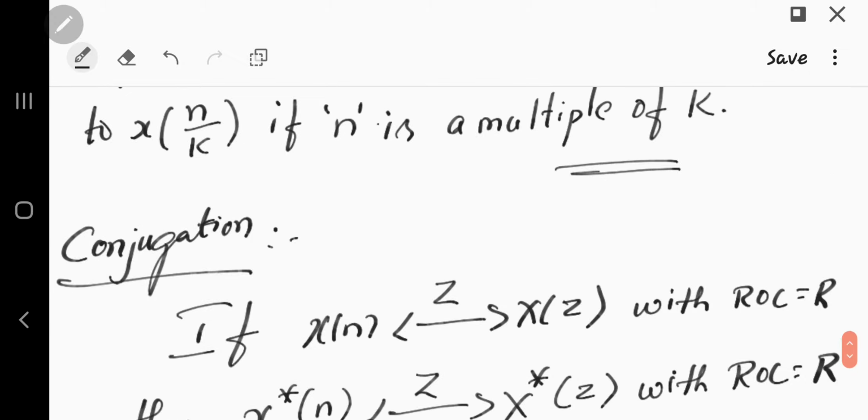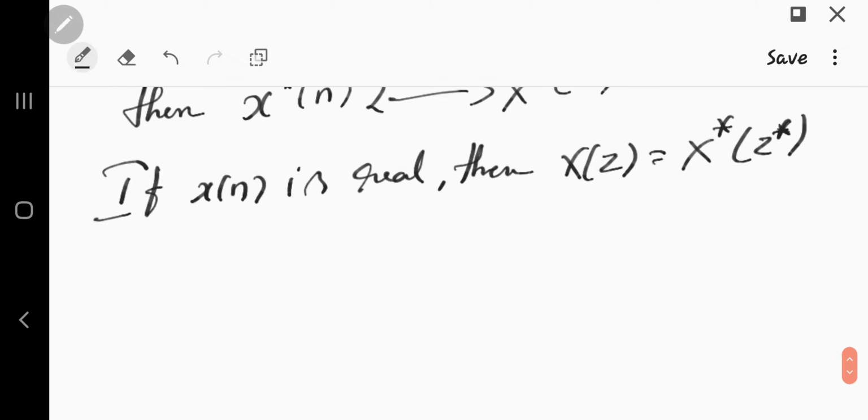So what is the meaning of this? This is just a statement. This is nothing to prove here.